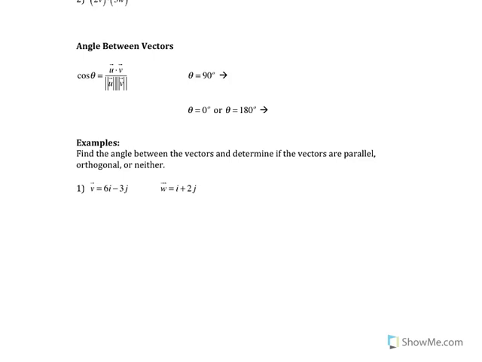So in our angle between, we're doing cosine theta equals the dot product over the magnitudes. Now if you remember from the last lesson, it's important to divide out the magnitudes to get that unit vector. So you're really doing the dot product of two unit vectors.